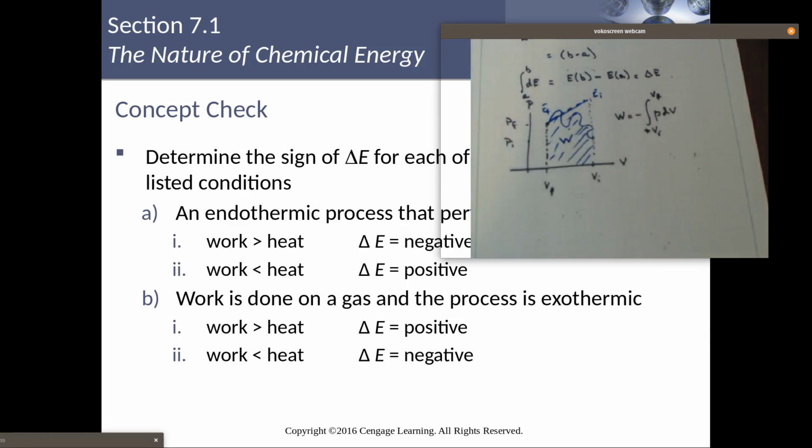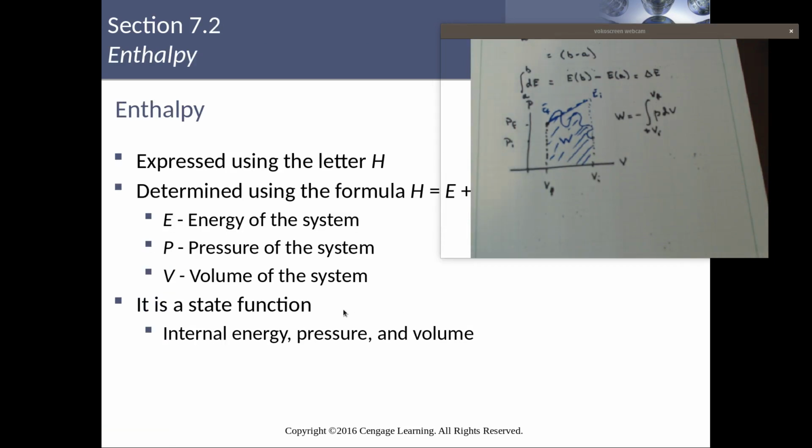So that's an important concept to bear in mind in thinking about all of this. Now, the thermodynamic energy is really not a useful quantity for us in many scenarios.